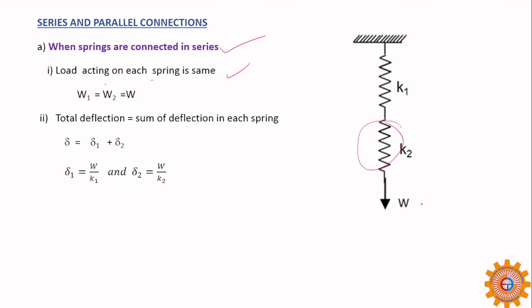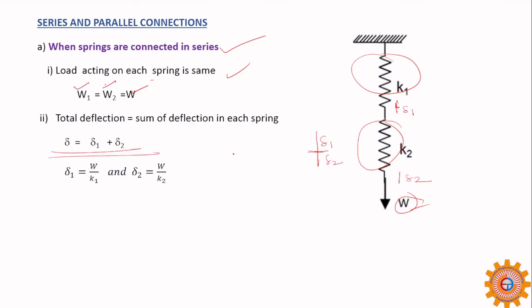This spring is subjected to W, this spring is also subjected to W. That is why I have written W1 is equal to W2 is equal to W. The deflection here is delta 1, the deflection here is delta 2, so the total deflection is delta 1 plus delta 2.